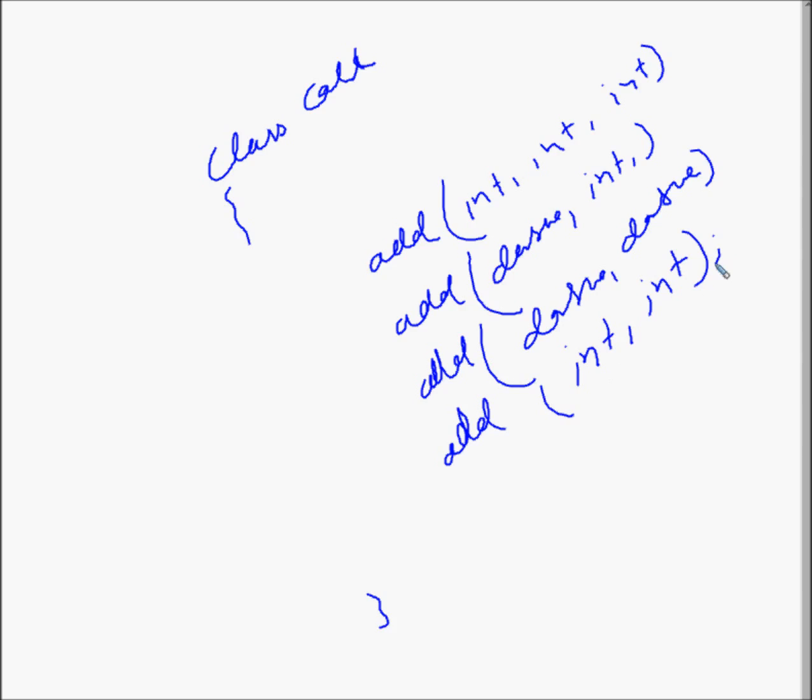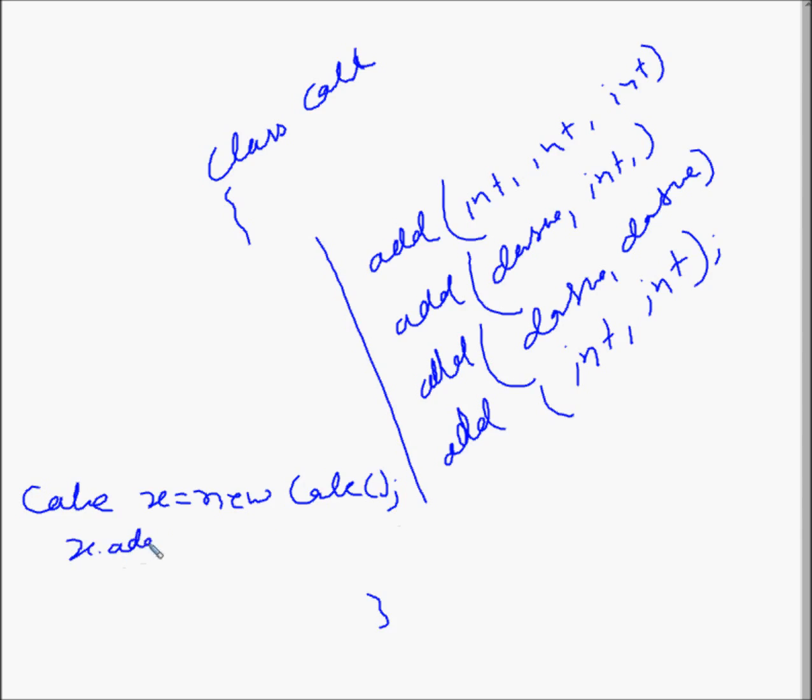So now there are four methods I have. All the method names are the same, add, right? If I want to call this, I need to create an object of Calci, right? Let us say Calci x equals new Calci. So we are creating the object here, and then we are doing x dot add and passing values 10, 20.